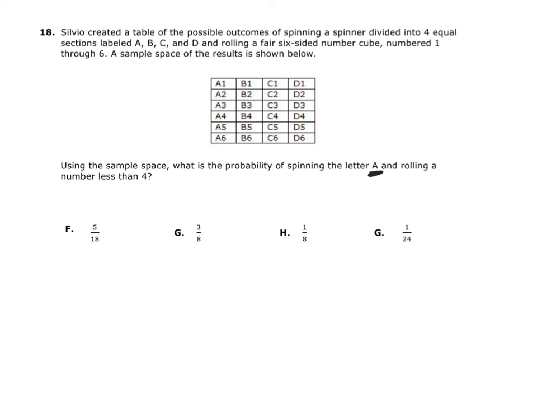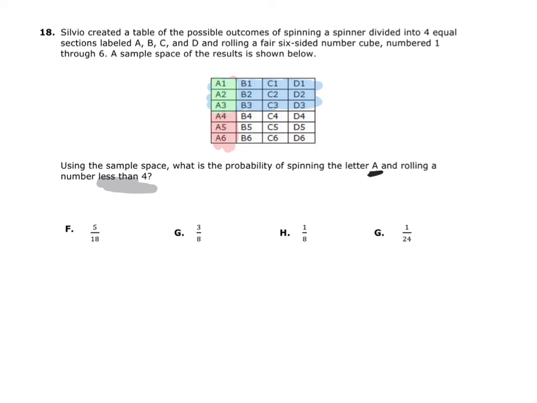So that is this column right here. And rolling a number less than 4. So less than 4 is here. Sorry, not the 4. We have less than 4. That's 3, 2, and 1. Okay, so the only one that has both of those are these 3 right here in the green.